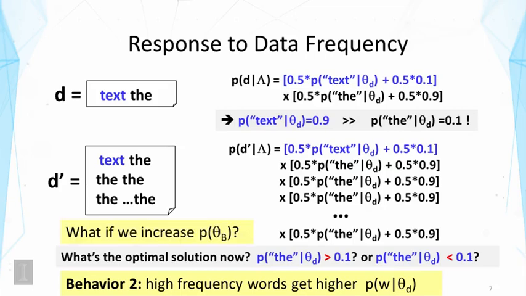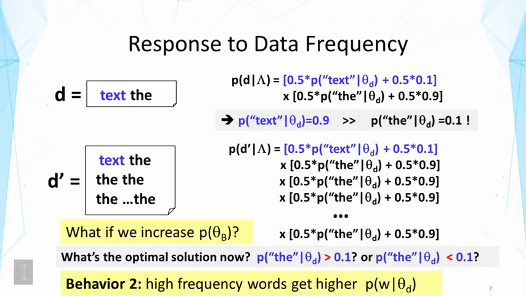Now, it's also interesting to think about the impact of the probability of theta sub b, the probability of choosing one of the two component models. So far we've been assuming that each model is equally likely, which gives us 0.5. But you can again look at this likelihood function and try to picture what would happen if we increase the probability of choosing the background model.